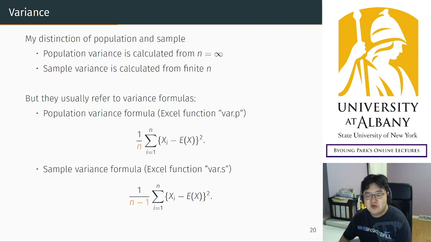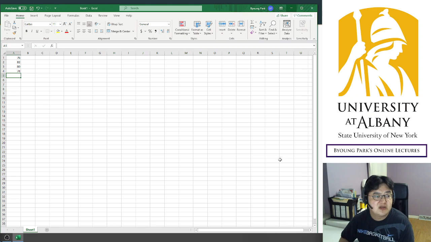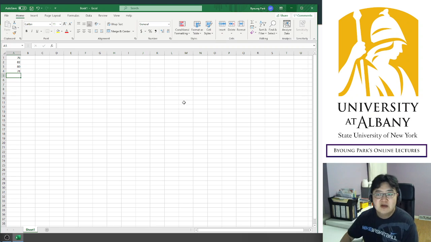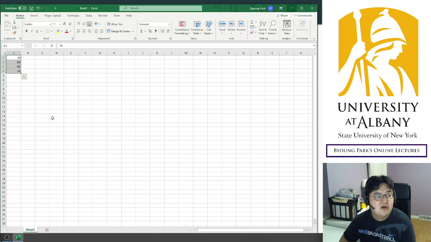So I will show you: Microsoft Excel has two different formulas built in. Let me show you. These four numbers are what we used as an example in the slide. Let's calculate the variance of these four numbers.